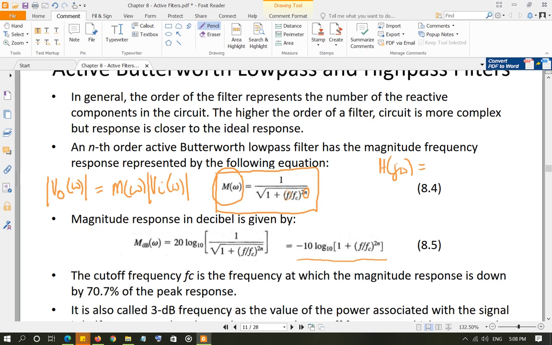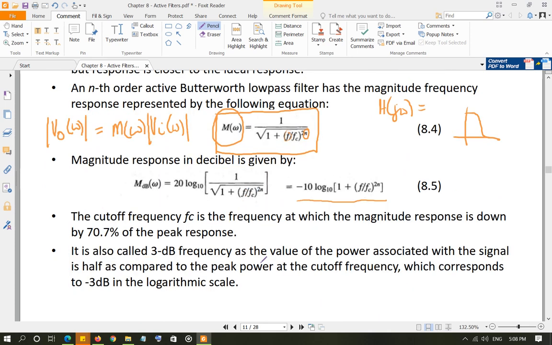So at DC, at omega equal to 0 or f equal to 0, this is 1, so the output is equal to the input at DC. As you start increasing the frequency, the denominator starts increasing and M omega starts going down. So the peak value is only at DC, and then it will start going down, and Fc is the cutoff frequency, like this. You will see soon all the characteristic curves that I plotted using MATLAB.